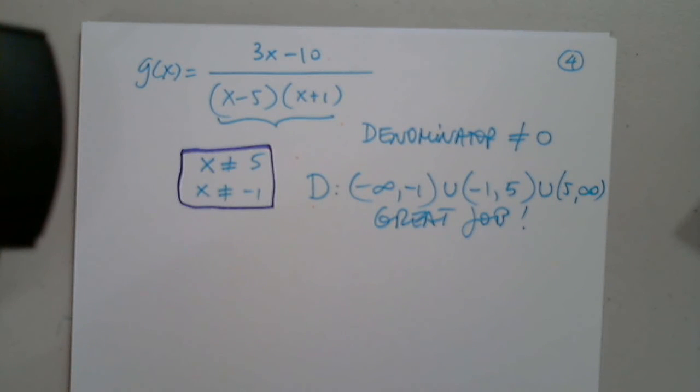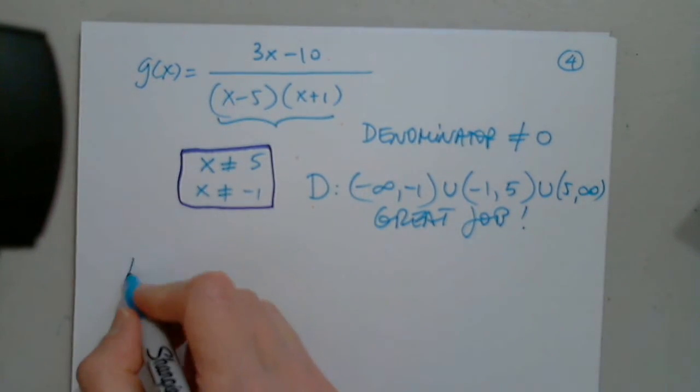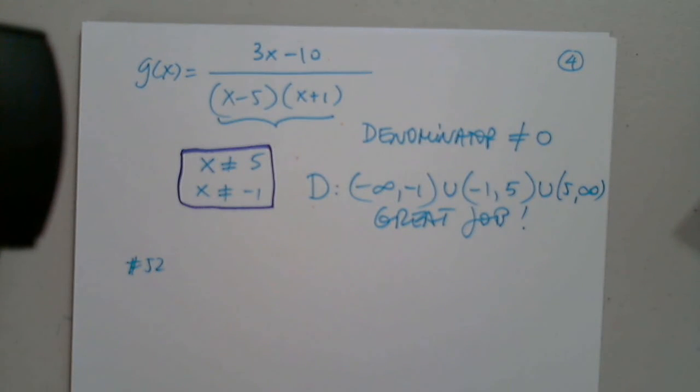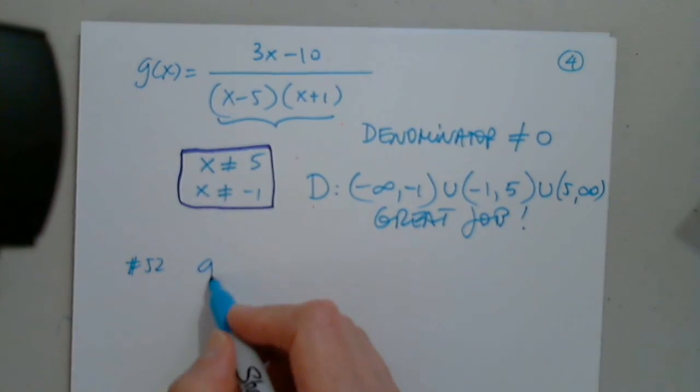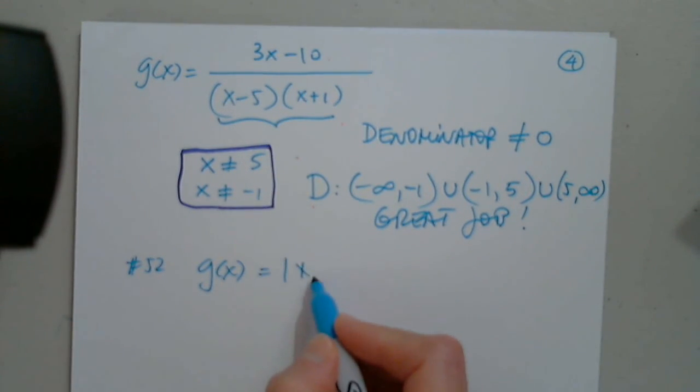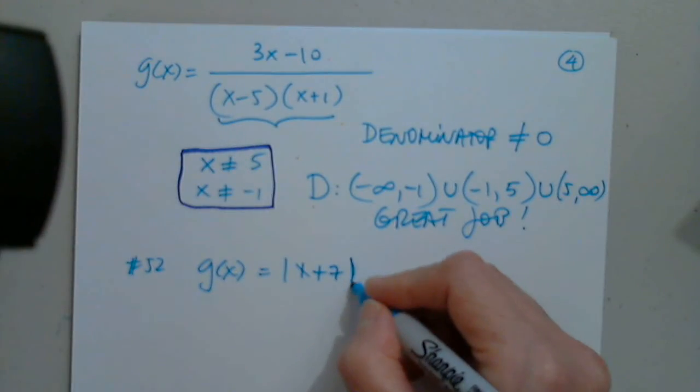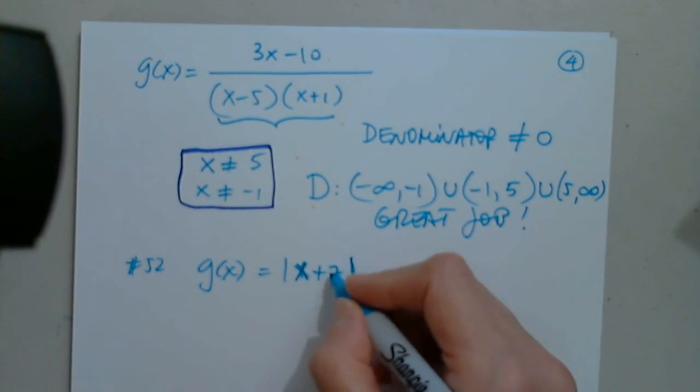Could we do 52 really quick? Yes, 52. So 52 is the absolute value of x plus 7. What type of function is this?